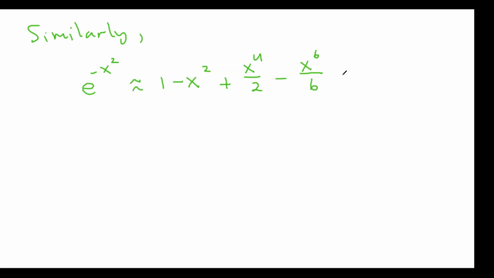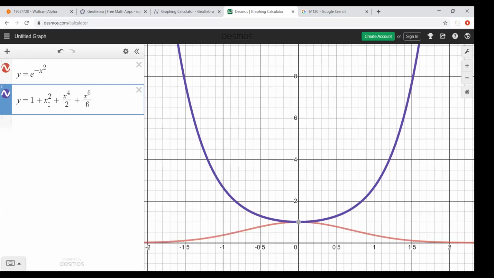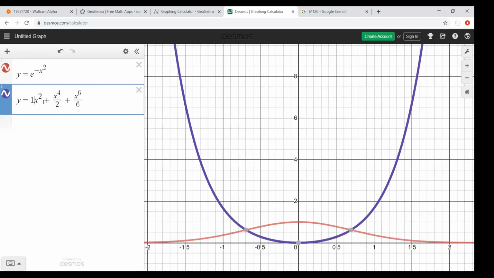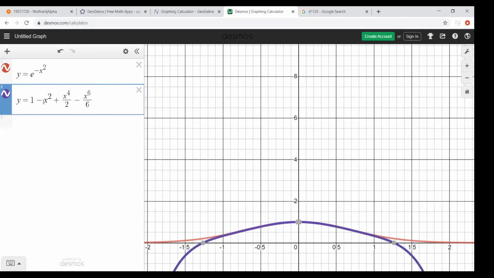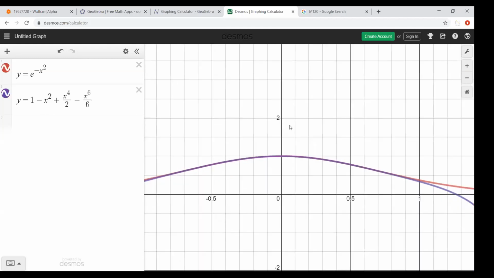Let that sink in for a second. And now let's go back to Desmos and let's convince you that I'm not lying. If I make the proper adjustments on the sign of these things, you will be in agreement with O'Grady that, okay, yeah, I get it. Between 0 and 1, that's pretty good.